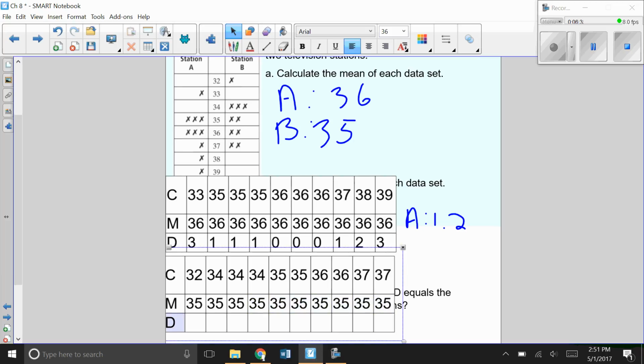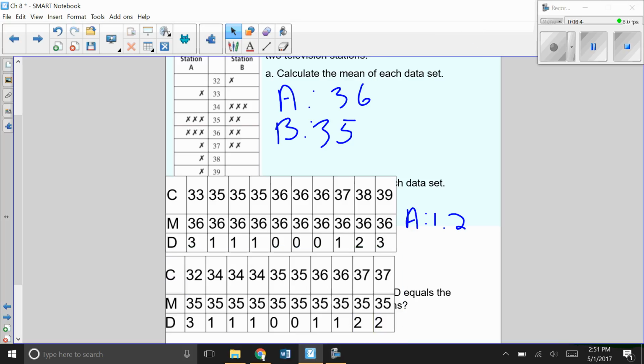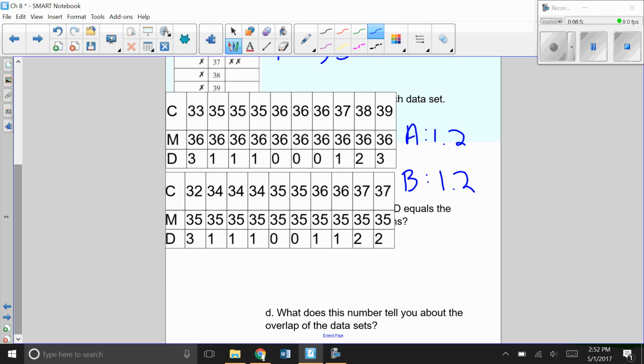And our differences are 3, 1, 1, 1, 0, 0, 1, 1, 2, 2. Then we can find our MAD for station B, which is also 1.2.